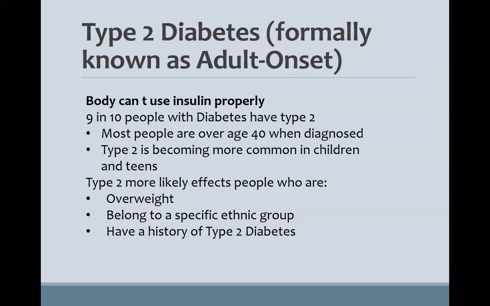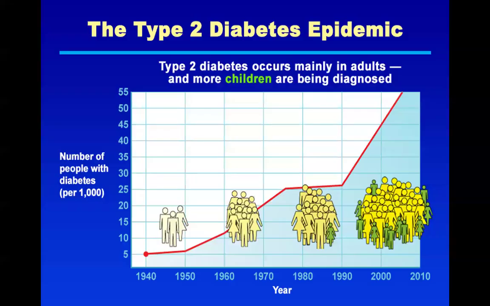Very often we see people with a poor diet, other health problems, being overweight, and not a lot of exercise. It can be more prevalent in specific ethnic groups or if there's a family history of type 2 diabetes.